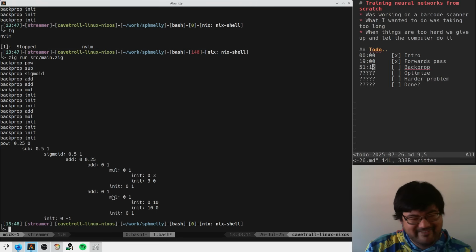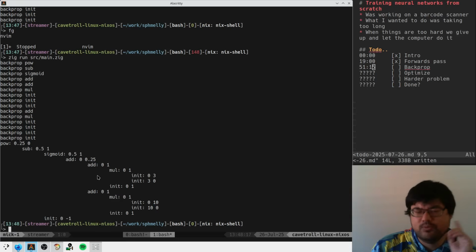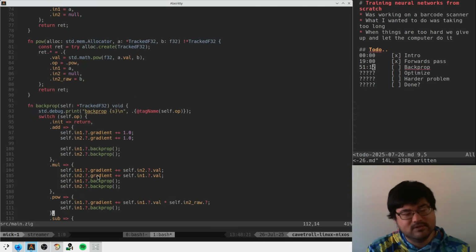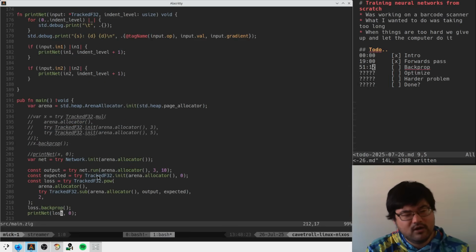Hold on. If we change, it's so hard to track what each of these things are. Should we add names to them? We could add names to make things a little easier. Or we could actually just do this. Let me print the gradients for network weights 0.